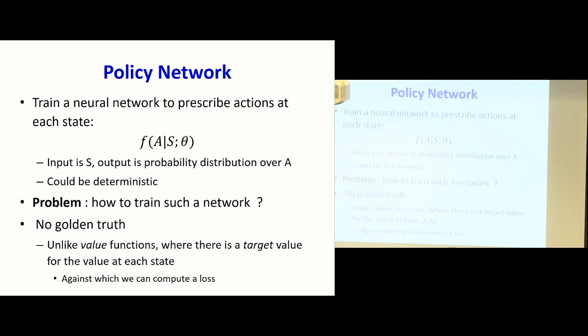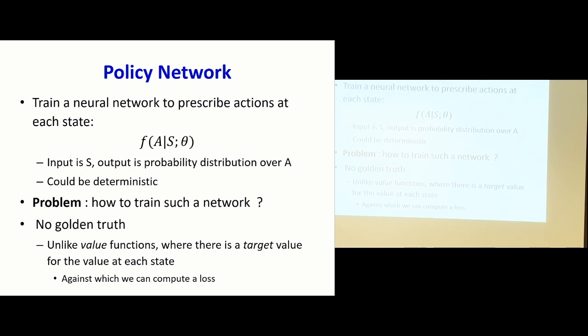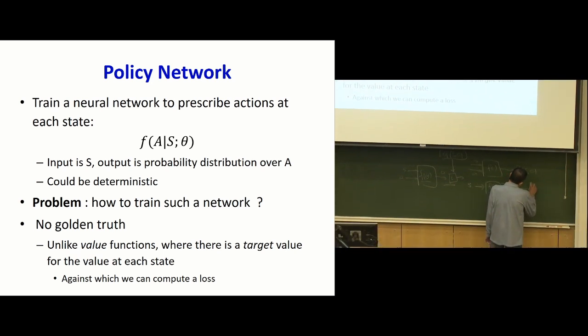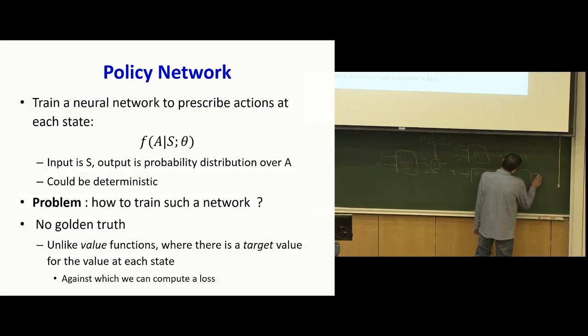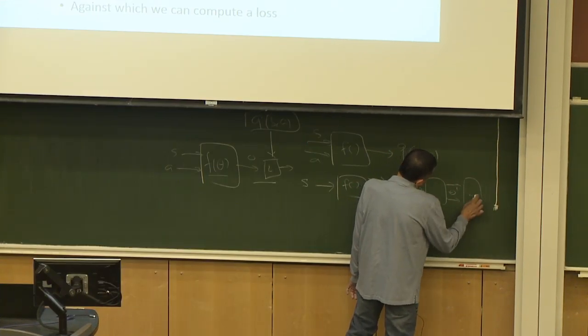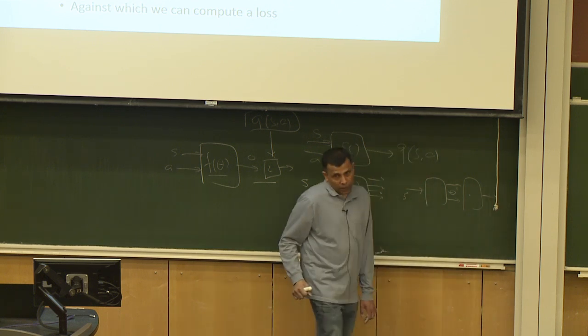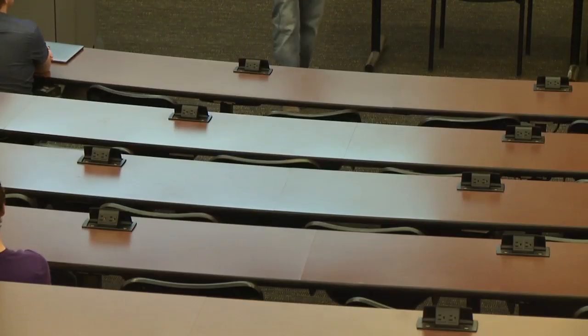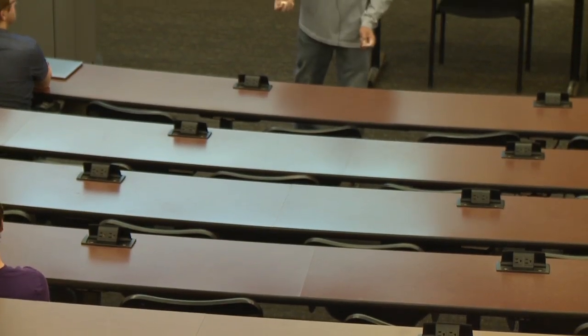It's going to give you probabilities of all the actions. Or alternately, you have s going in. It's going to give you some other parameters theta prime, like the mean and the variance of a Gaussian, and the output of the second function is actually going to be a probability distribution function.